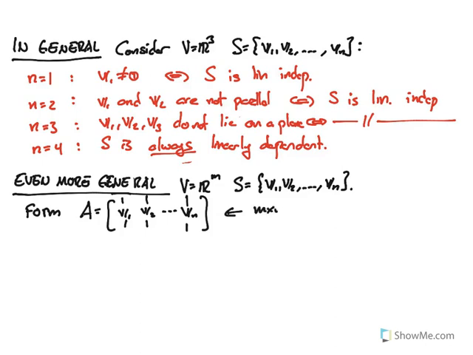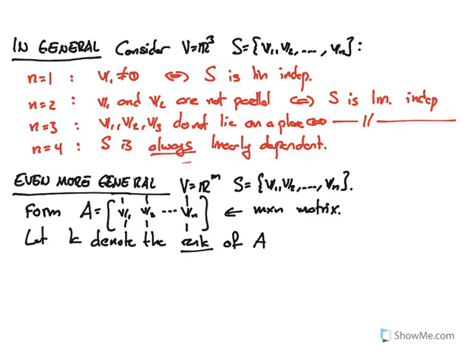This is an m by n matrix. And then let K denote the rank of A. Do you remember rank? If you take A and form the reduced row echelon form, or even just the row echelon form, then the rank is the number of pivot elements. And if there's one pivot element in every column, then there's a unique solution. In this case, that's only the trivial solution, and that's when you have linear independence.